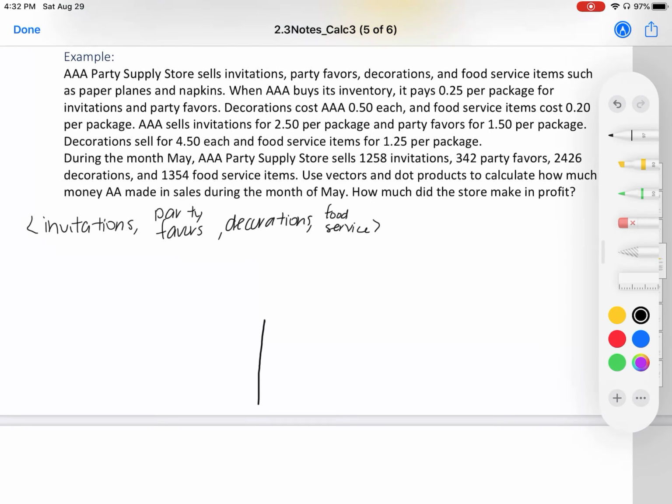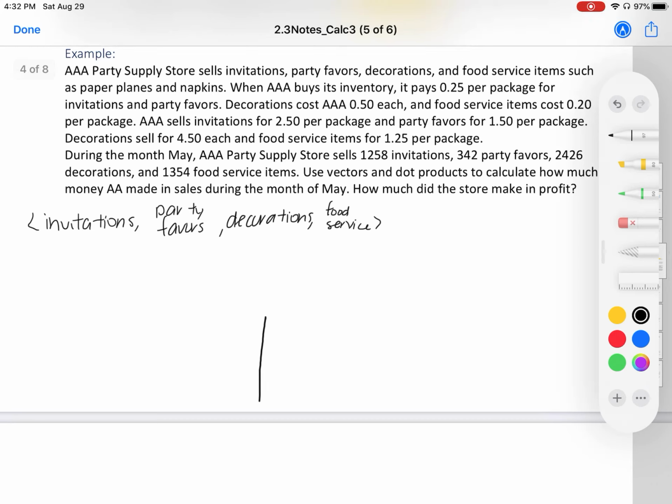It gives us three main pieces: cost, how much they sell for, and the quantity, how much they sell of each one. So let's make those vectors accordingly.